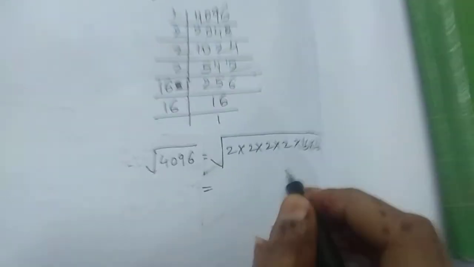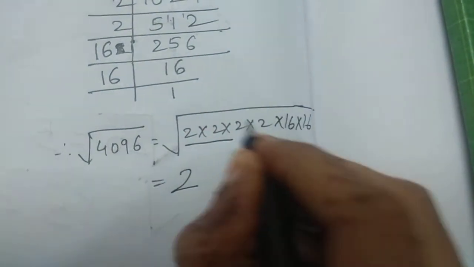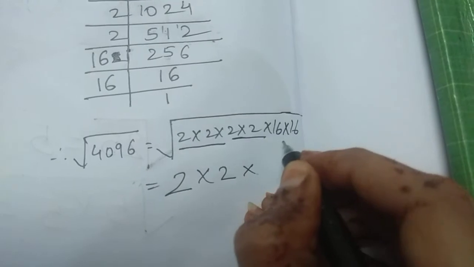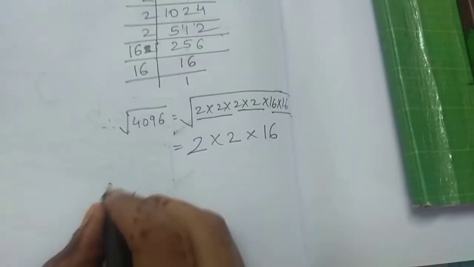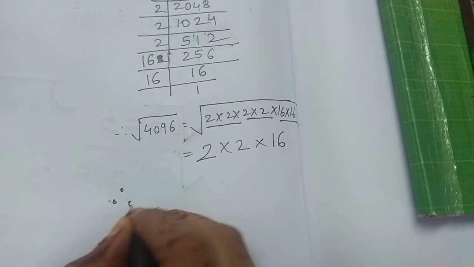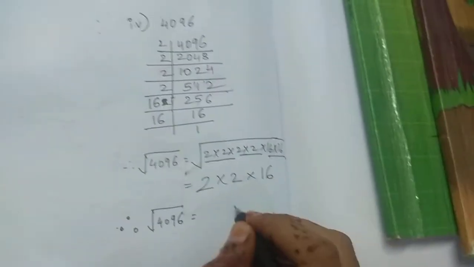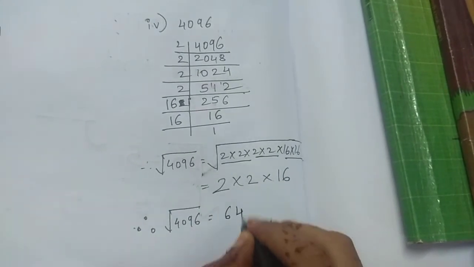Now out of one pair one 2 will come out, next pair another 2 will come out, and from the next pair of 16 one 16 will come out. So therefore 4 16s are 64.